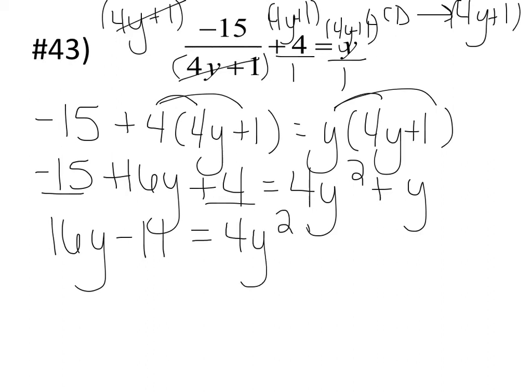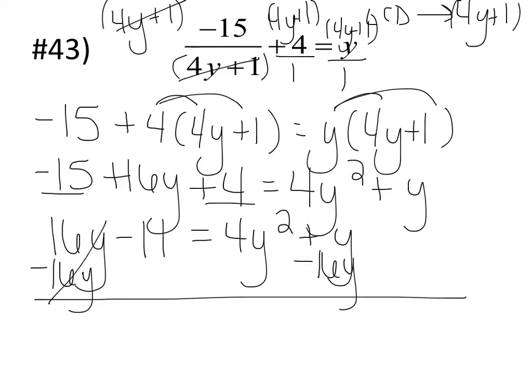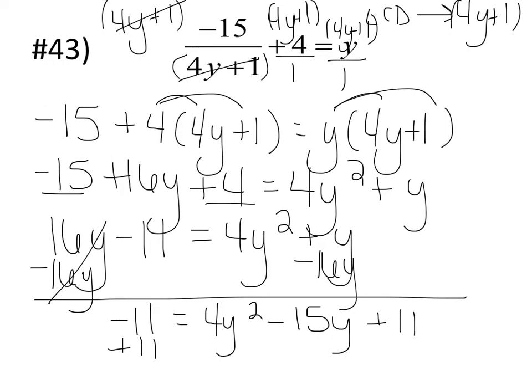4y squared plus y. So I'm going to move these over to the right side, because I want to keep that y squared positive. And so I get negative 11 is equal to 4y squared minus 15y. And then I'm going to add 11 to both sides.